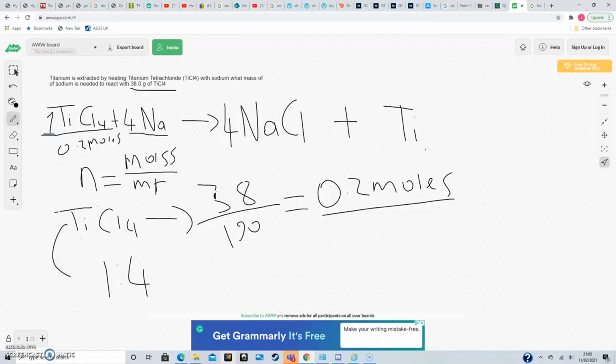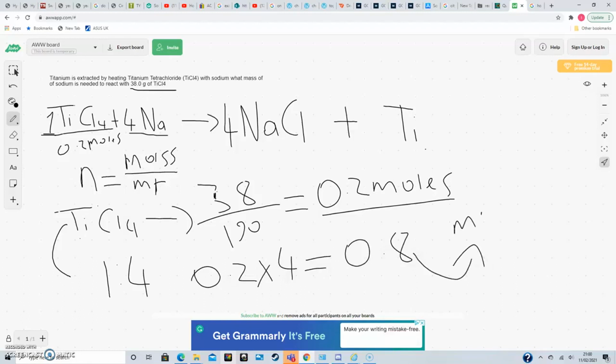The moles of titanium tetrachloride is 0.2. Since it's a 1:4 ratio, it's 0.2 times 4, which equals 0.8 moles of sodium. So the moles of sodium is 0.8.